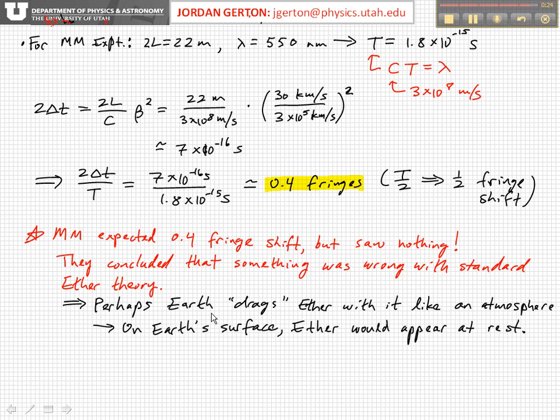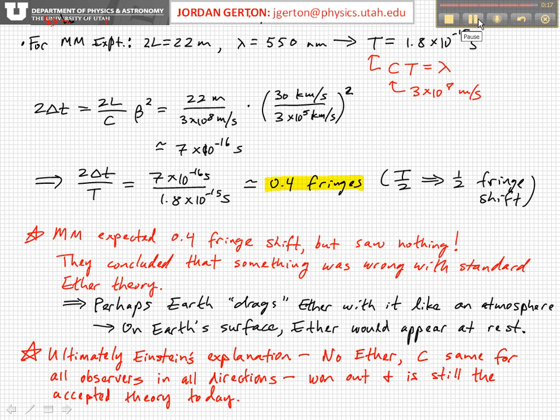But ultimately Einstein came up with a different explanation. Einstein's theory was that maybe there was no ether, since we can't observe any effect of the ether, and further that the speed of light was the same for all observers and in all different directions. And his theory eventually won out and is still the accepted theory today after many rigorous tests.